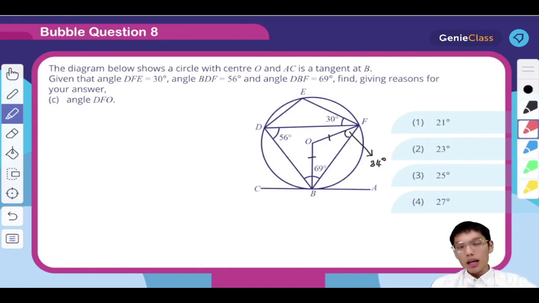Always remember, you can use your previous parts to help as well, but in this case, you only need this much. DFO. What can I use to solve? Recall as well the properties given to you. DF is 30, 56, 69. What can I do further to solve?